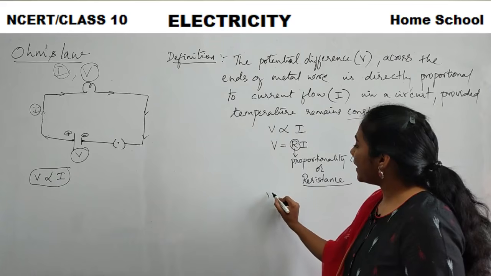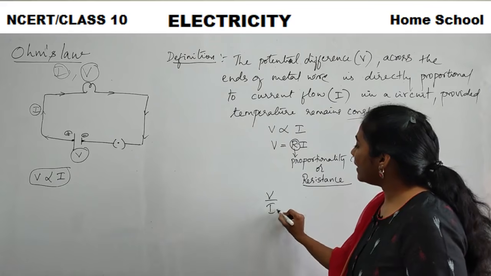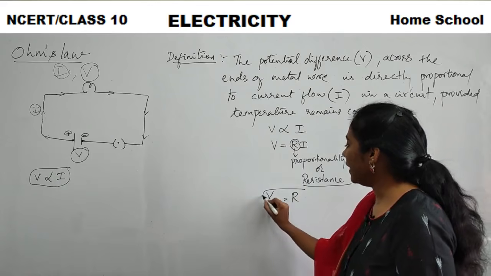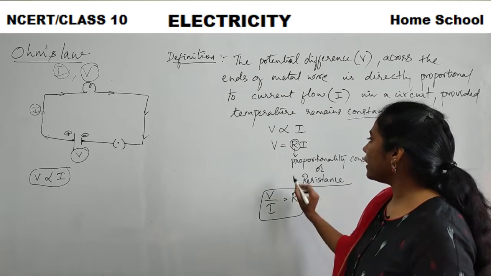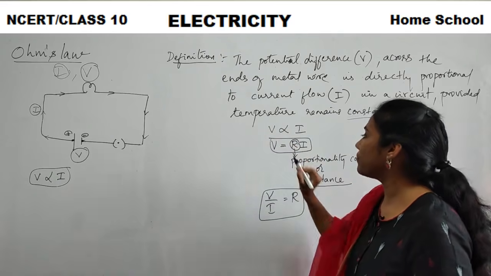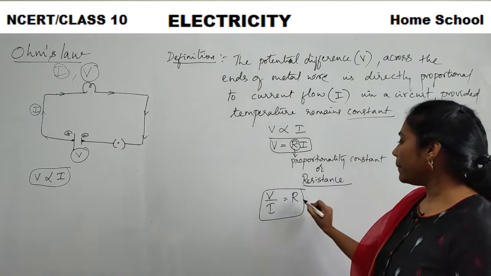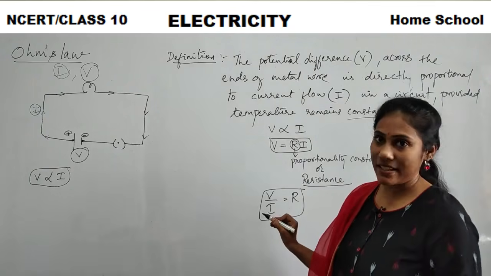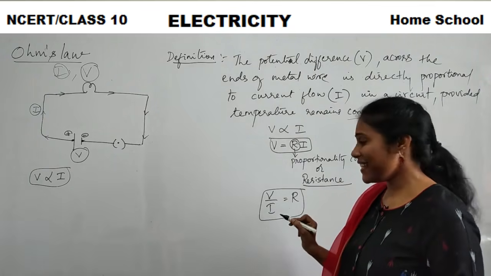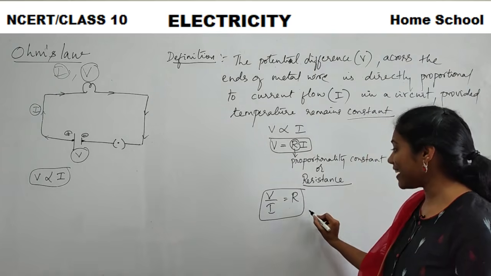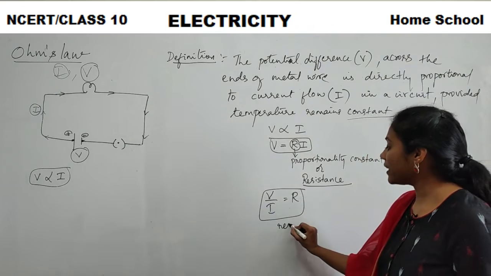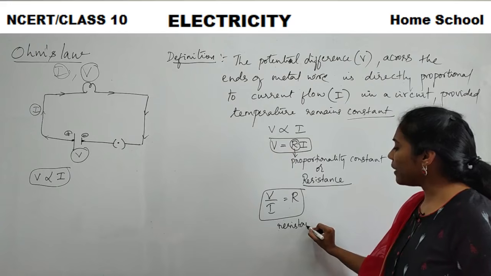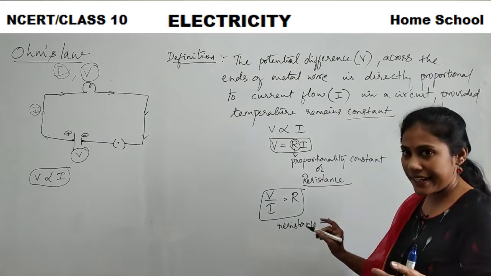You can also write it as V by I is equal to R. So this is one way of writing the formula, and this is another way. Try to remember, R is resistance. You know what actually resistance is? More things about resistance we will discuss in the next video.